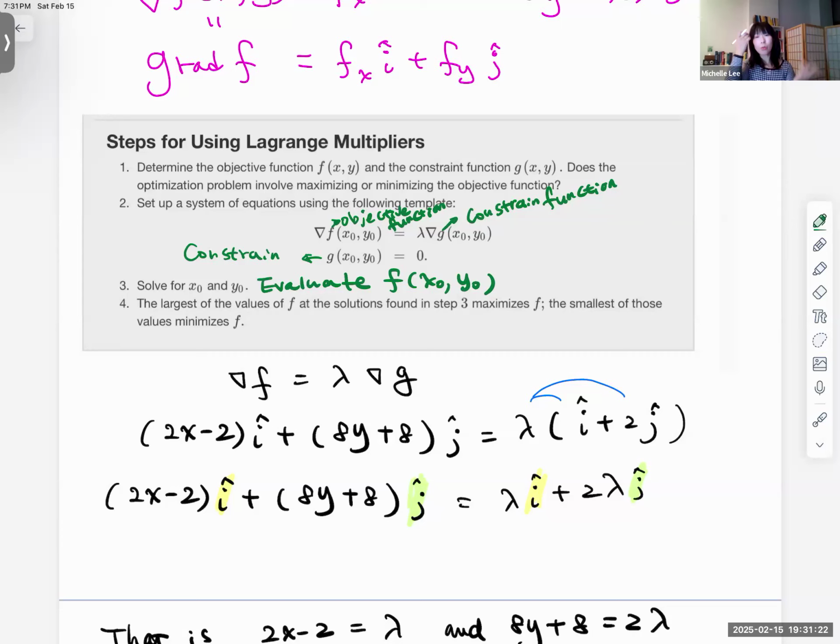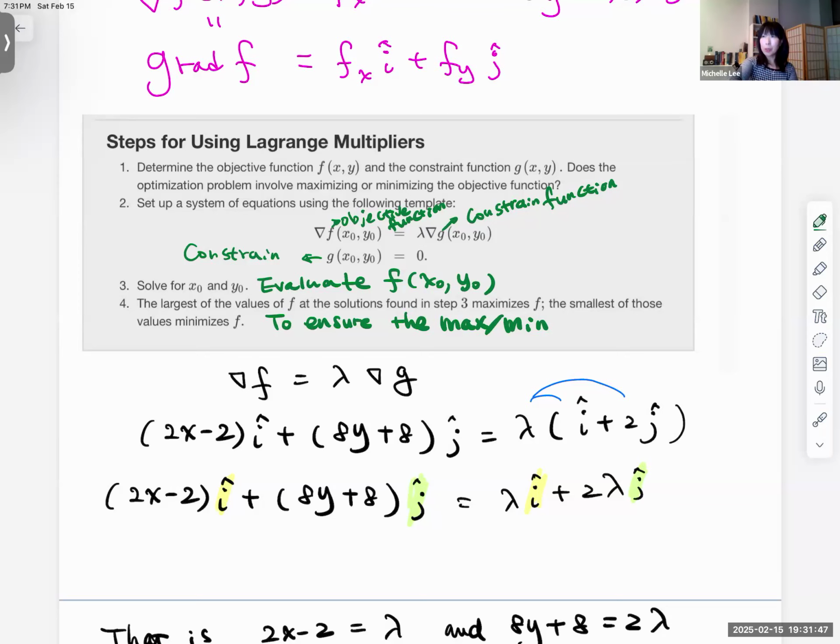Then it depends on the question. Maximum, then we say maximum. Minimum, then we say minimum, right? But we have to ensure that it is the maximum or minimum, so we test out a couple of points, right?